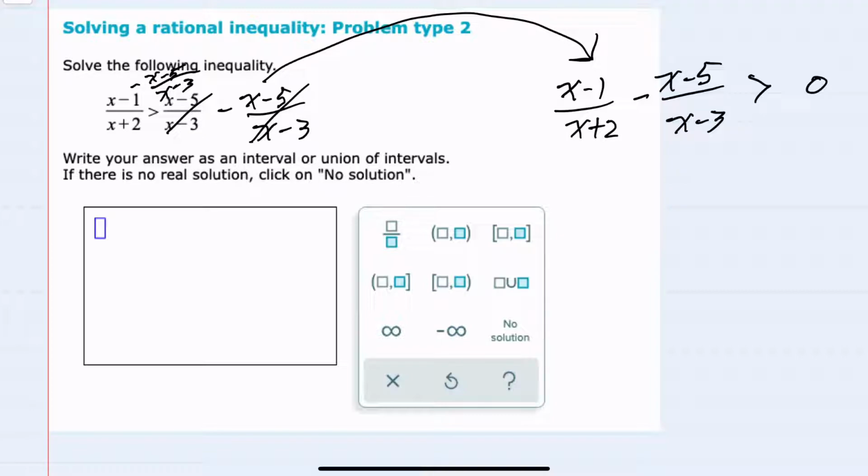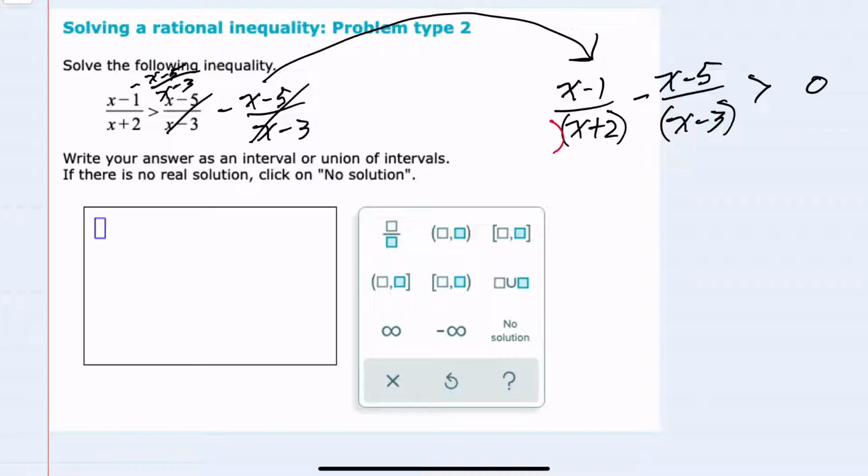And from here on the left-hand side, I need to express this as a single quotient. So I'm going to need to get a common denominator. And here the first quotient has a denominator x plus 2. The second quotient, x minus 3. My common denominator would have to have both of those factors.